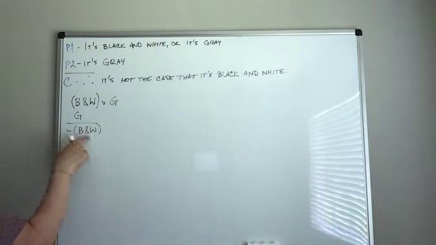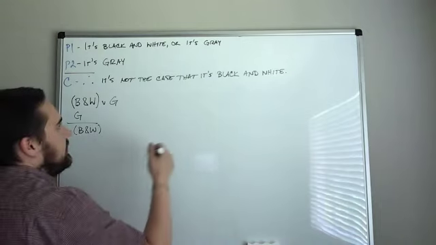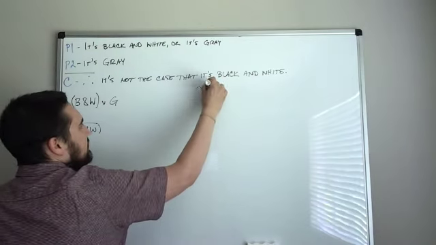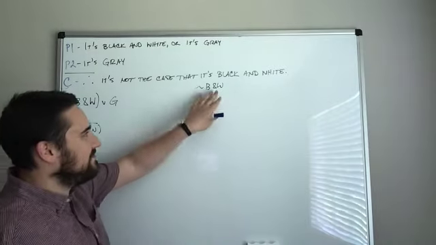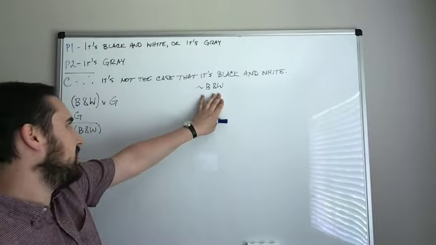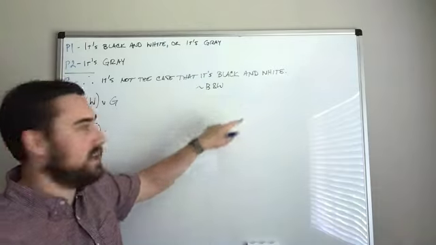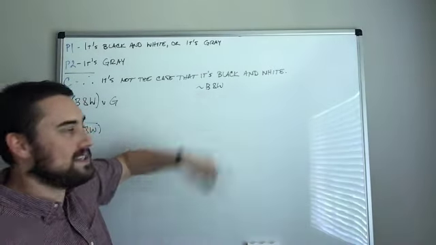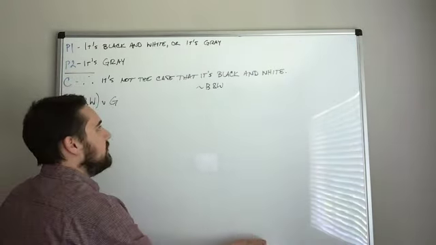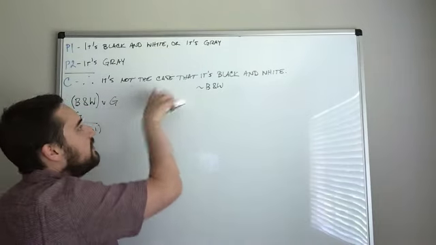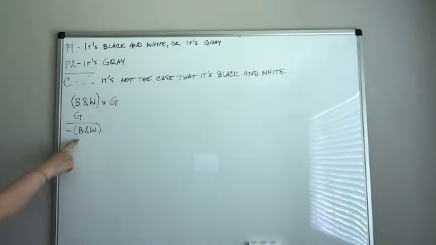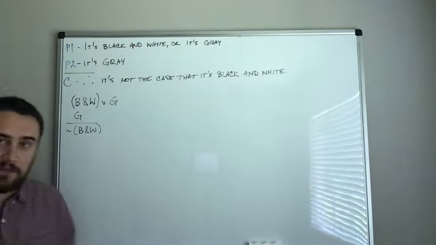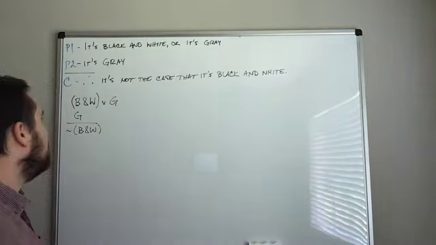You could interpret this sentence differently, but I don't think that makes much sense because we're not saying it's not black but it's white. We're saying it's not the case that it's black and white. So that negation, that not, is really ranging over the B and the W, which is why I think it's best rendered this way.